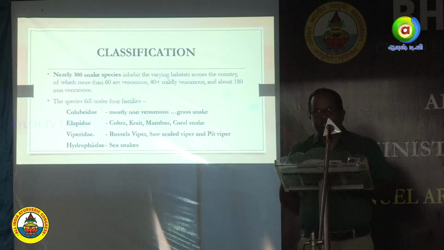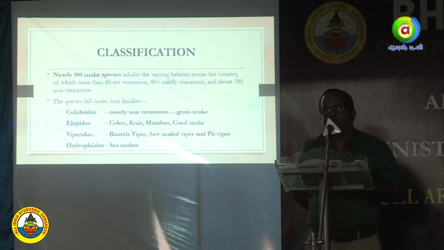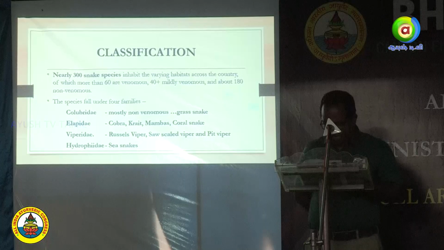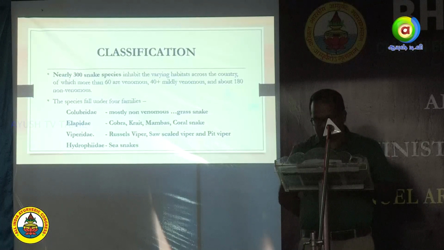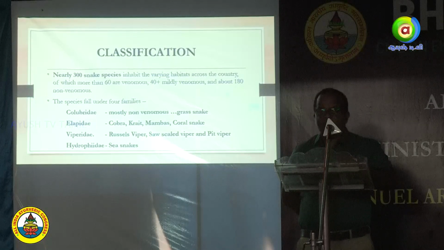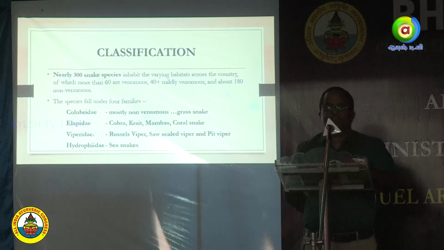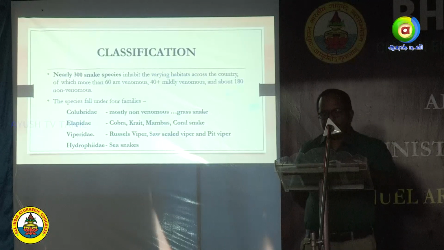In Elapidae, the most common poisonous snakes are there, where cobra, krait, mamba and coral snakes also come. In Viperidae, there are Russell's viper, saw-scaled viper and pit viper. In Hydrophidae, the name itself shows they are sea snakes.